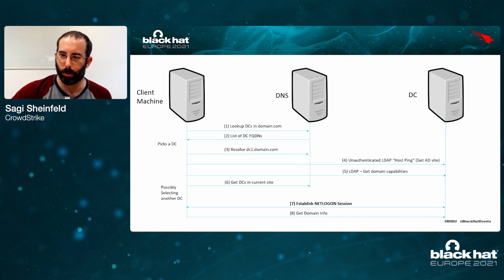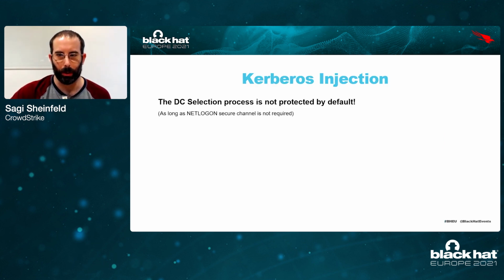This is the most crucial part, since to be able to establish a netlogon session and reply to messages, the target server must have the client machine secret. That means it's a genuine DC. So as we have seen, the process of selecting the DC itself is not secure unless some form of validation is done afterwards.